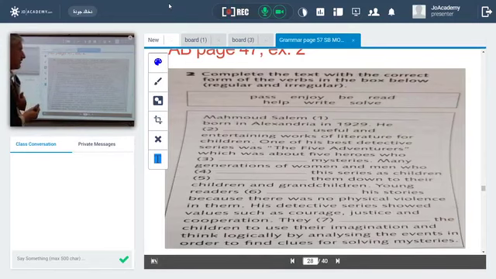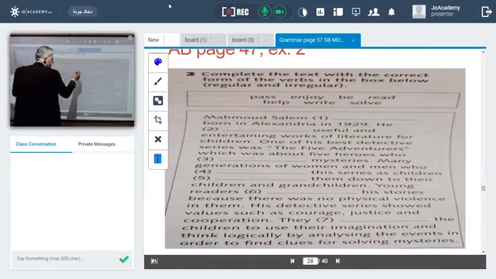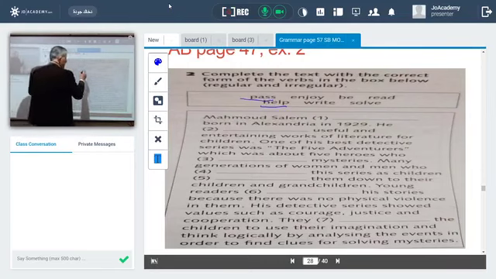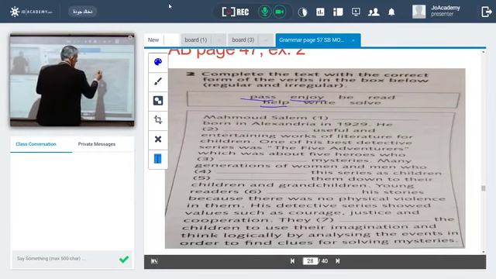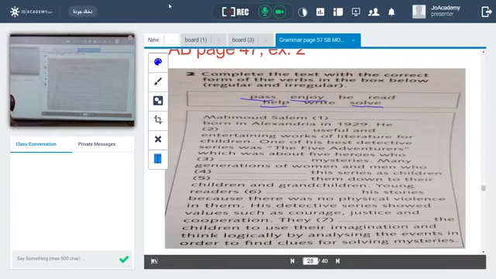Right. The first one, this is regular, this is regular, and this is regular, and this is regular. So we have 4 regular verbs and we have 3 irregular verbs. Okay, write and be and read, they are irregular verbs.